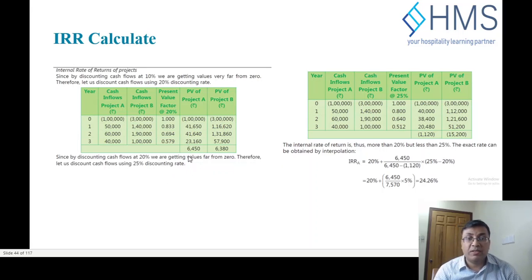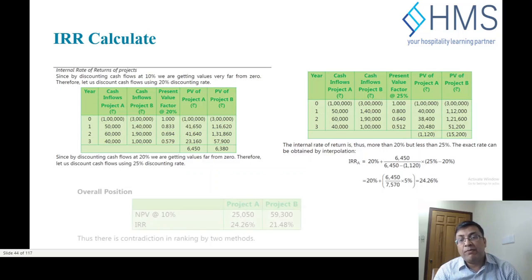Difference of the two means if you ignore the sign, then you add them: 6,400 minus 1,120 becomes 7,570, multiplied by the difference of the two guesses, the higher guess minus the lower guess, 25% minus 20%. So here you calculate 20% plus 6,450 divided by 7,570 times 5%. The IRR comes to 24.26%.